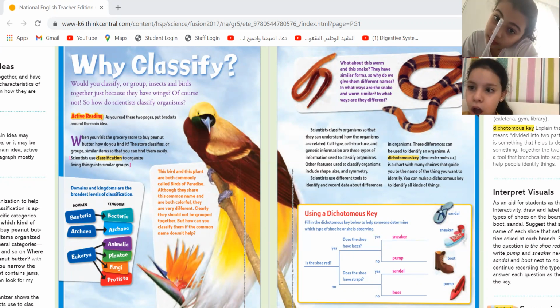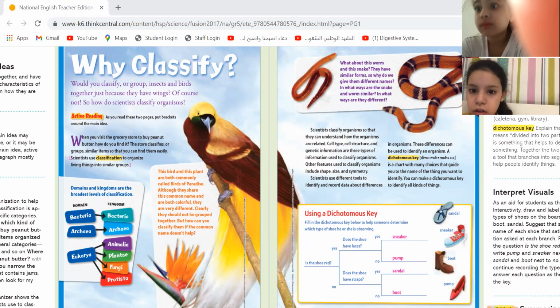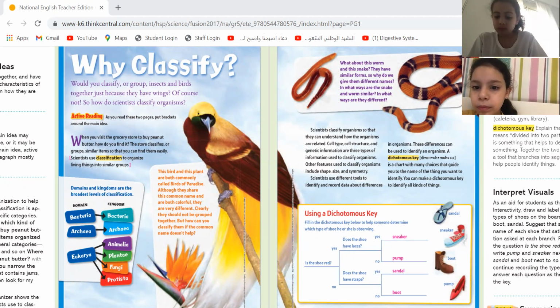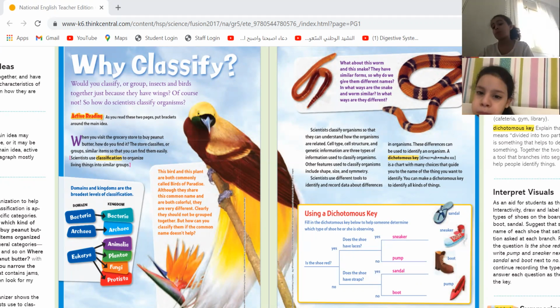A boot. If it doesn't have straps, but it's not red, a sandal. Excellent. See, this chart called a dichotomous key is a chart asking you questions to help you identify the thing you want to learn about or the one you want to know.